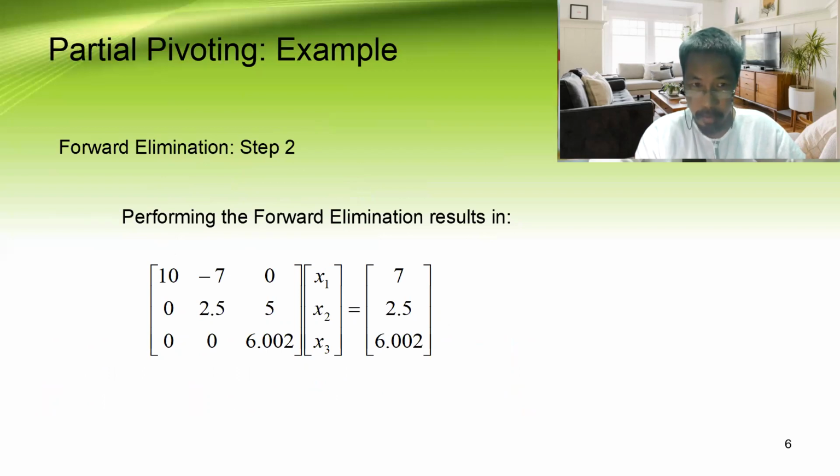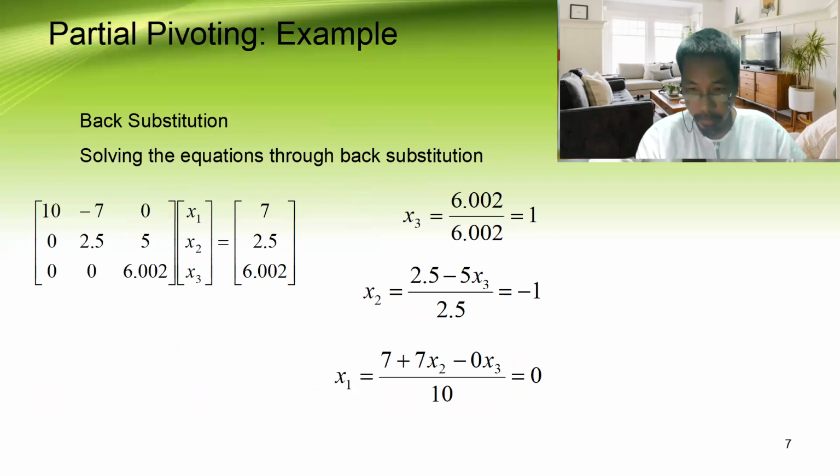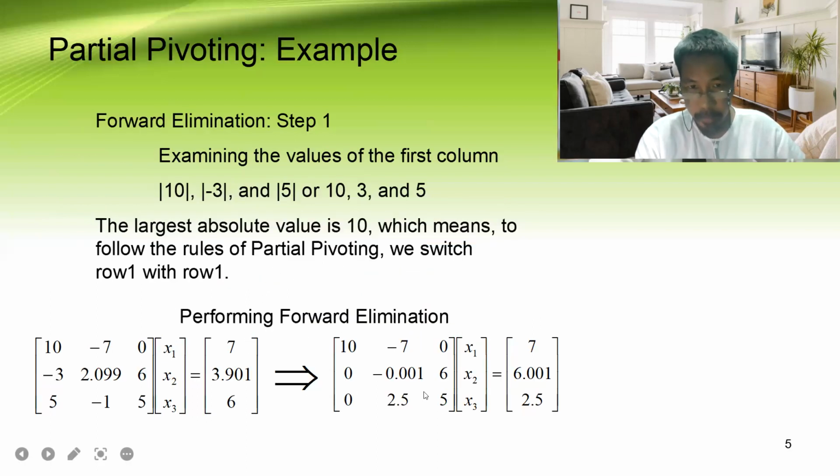So the second row is now 0, 2.5, and 5, and 2.5. So we switch the second and third row. And then after switching it, we have what?